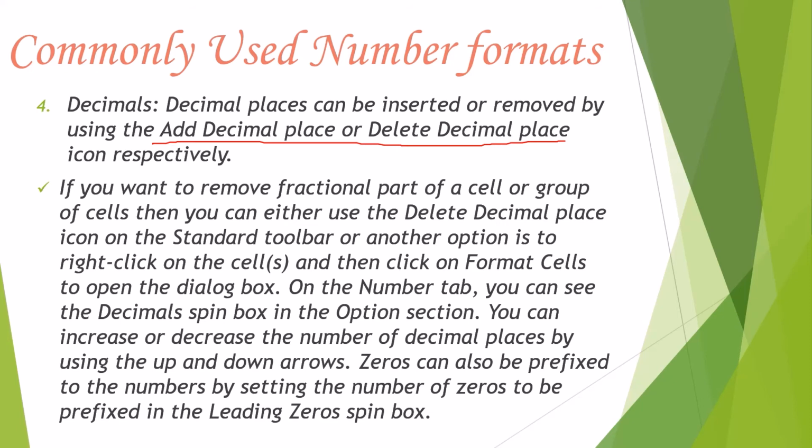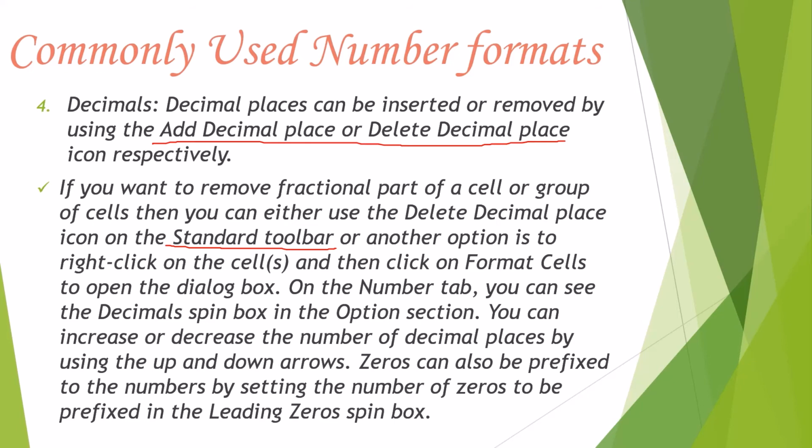First, use the delete decimal place icon, which is available on the standard toolbar. The second option is to right click on the cell or a number of cells and then click on Format Cells. Then a dialog box will open and you have to go to the Numbers tab.